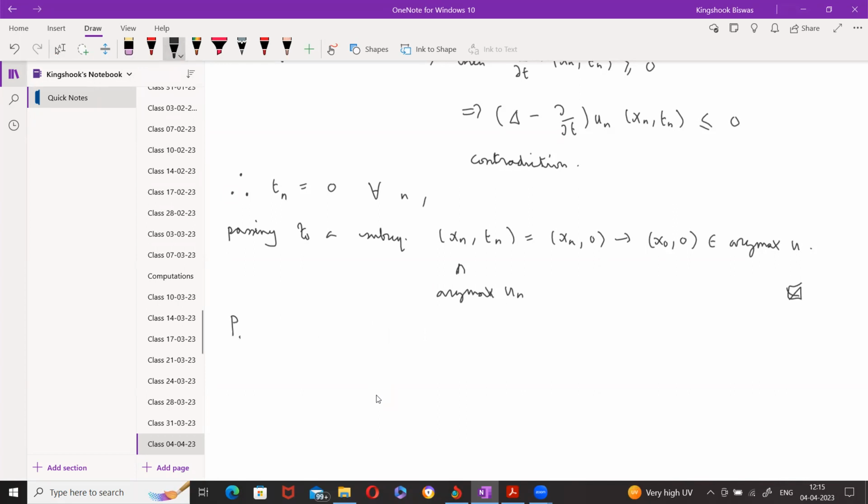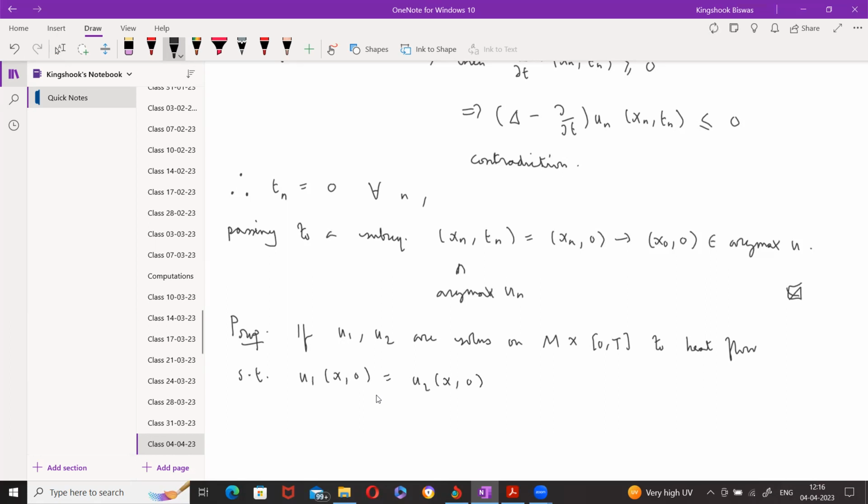So proposition, if U1, U2 are solutions on, say, M cross [0, T] to the heat flow, such that U1 at time 0 is the same as U2 at time 0.